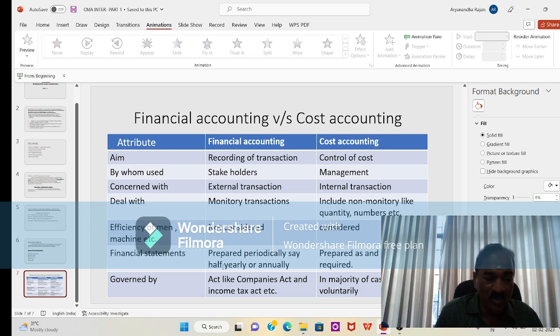Then the MCQs at the back of every chapter, that also you must study.